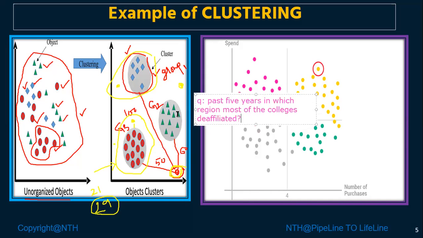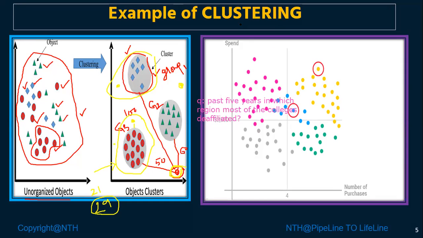unless and until you maintain proper quality related to your premises, only then will they make your college active. Affiliated, de-affiliated, isn't it? For that reason, that question can be answered. See, as you are observing here, let us suppose I take a pointer.